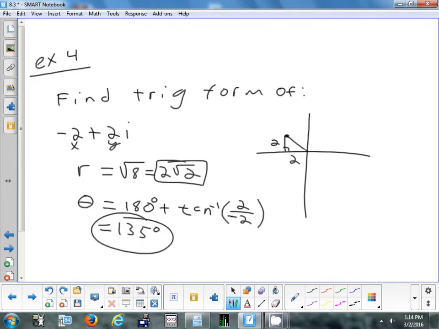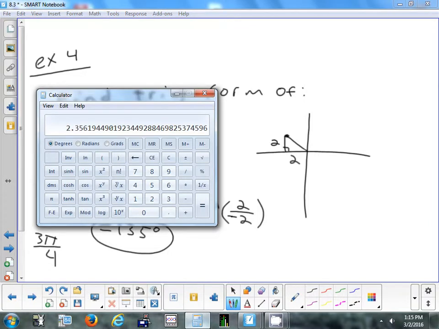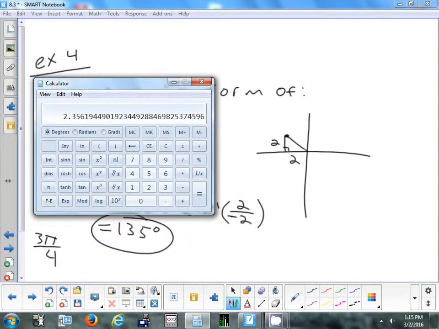But if I do it in degrees first, and then I change it, I know that 135 is 3 pi over 4. So if they ask for something in radians and they're giving an exact answer, my suggestion is do it in degrees first, get the nice answer, and then convert it yourself. Don't use your calculator because it's going to give you this, and you'll never get that from that. Okay?